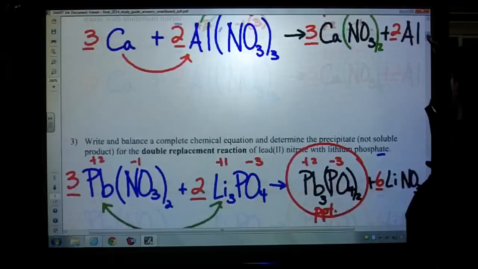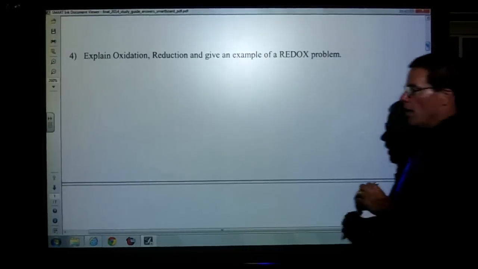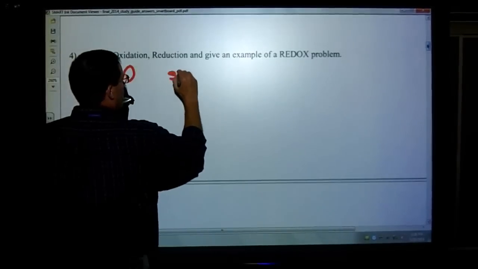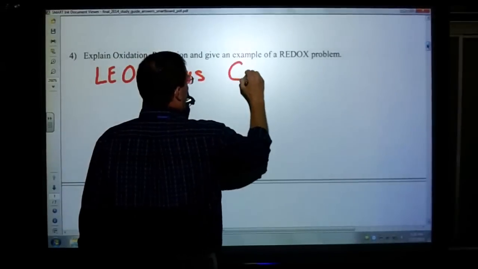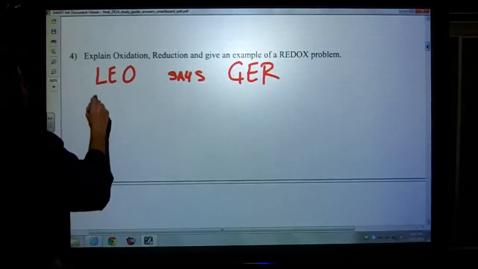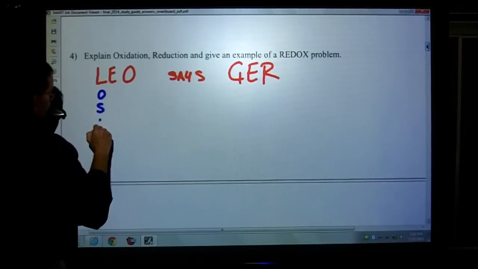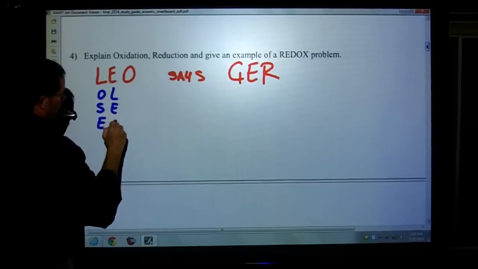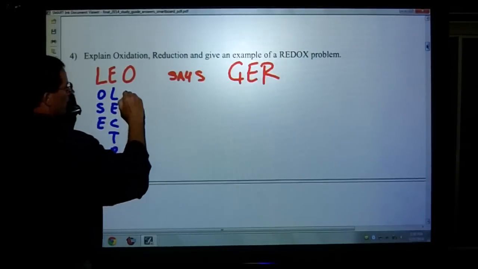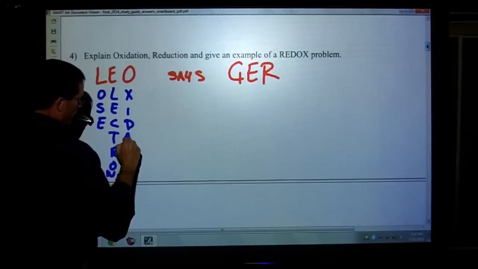But when we talk about oxidation, remember the statement that I gave that says, Leo says grr. Remember that? Leo says grr. And what that means is losing electrons. Lose electrons is oxidation.